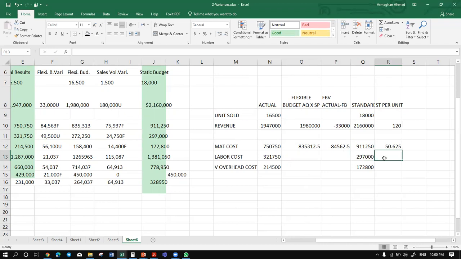Same way we will calculate for the labor: 297,000 divided by 18,000 standard, we got a 16.5 rate, and because it is actual we should multiply, so 16,500 times 16.5. Saqib, can you tell me the last one?